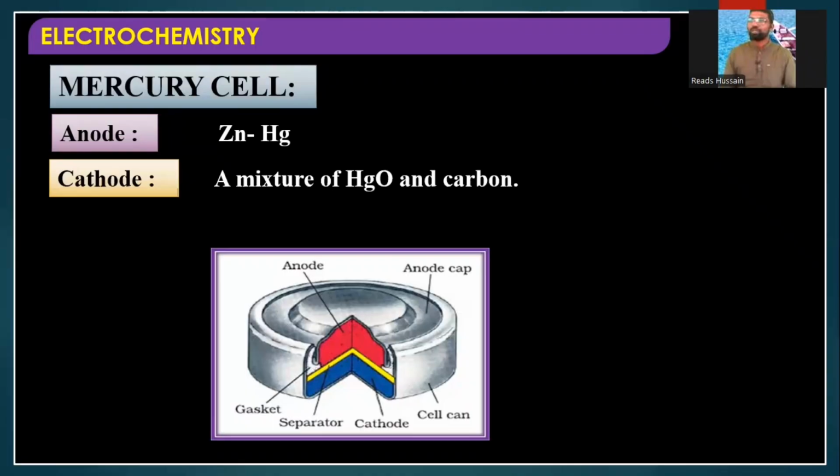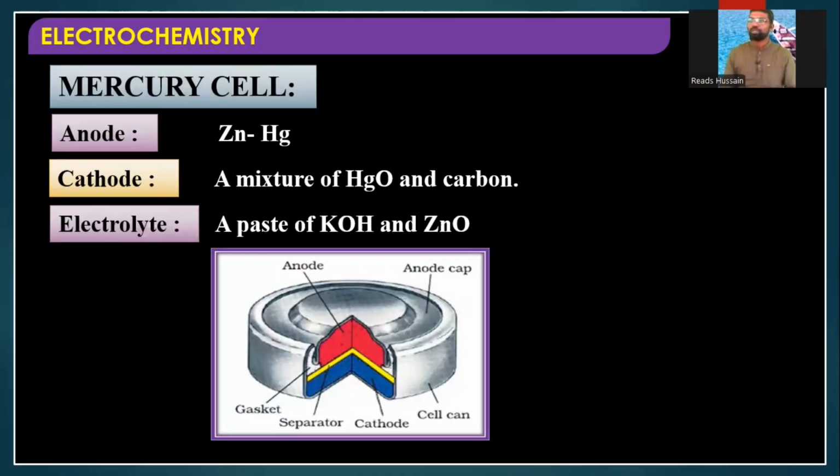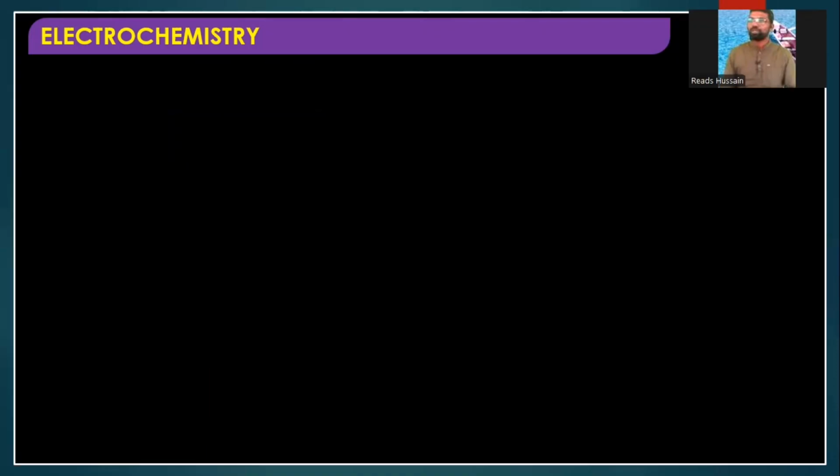Cathode is a mixture of mercuric oxide and carbon. So these three parts, anode, cathode and electrolyte, try to remember. If you cannot remember the reactions, no problem, but try to remember at least what the anode, the cathode and the electrolytic substance are. This is about the mercury cell. That's all. These are the two examples for primary batteries.